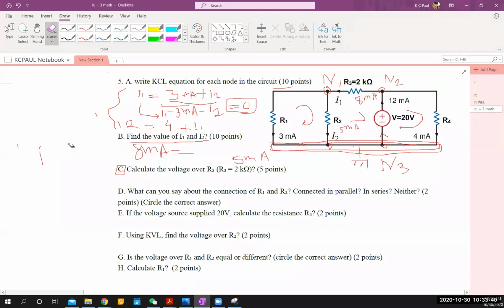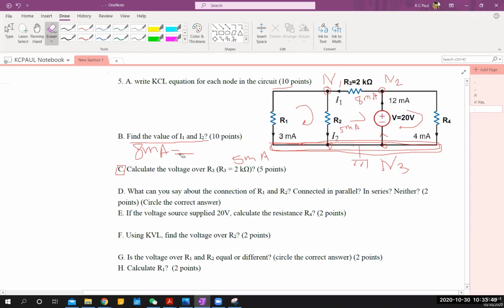I'm erasing some part here because I don't need this. Now you already know your currents I1 and I2, so you should be very comfortable in writing the voltage over R3.